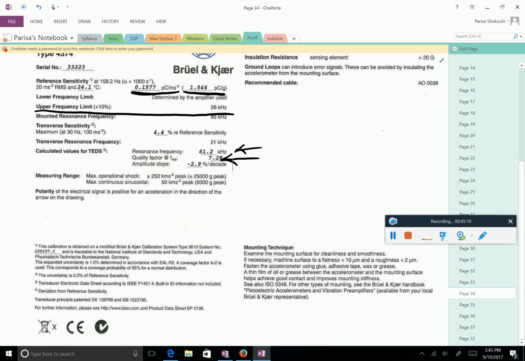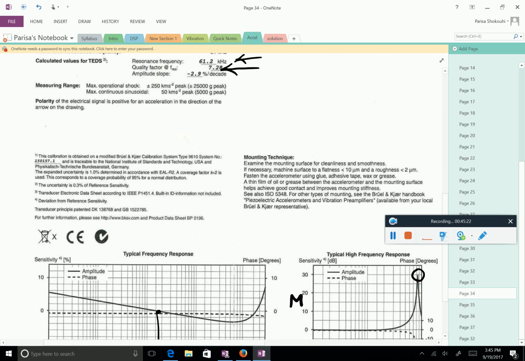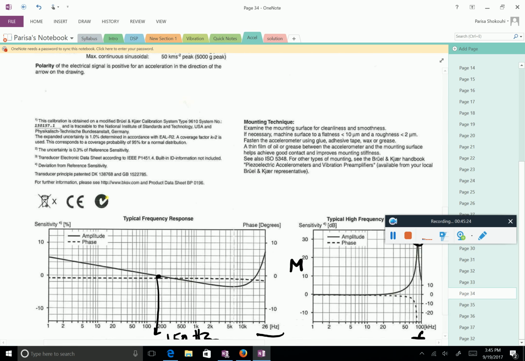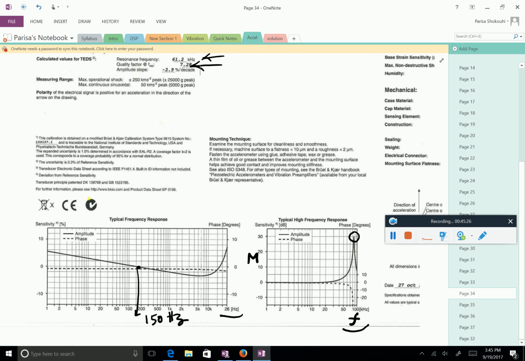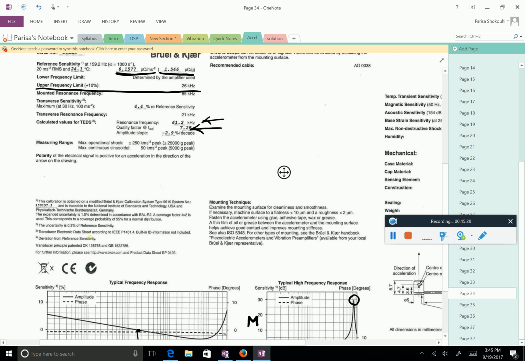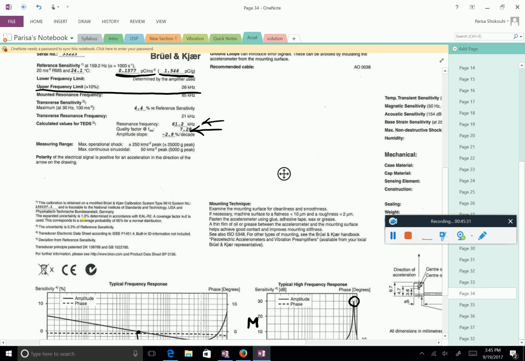Someone asked whether that was tested when it was mounted or standalone. Mounted is when it is attached to a surface.